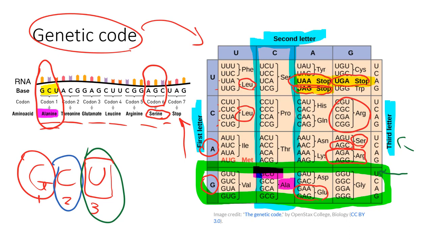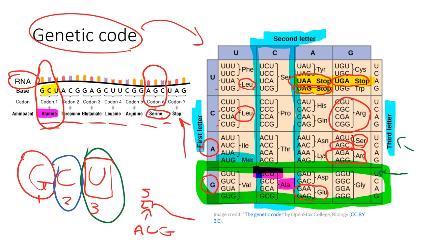So if it meets UAG, UAA, or UGA, then in that case, the ribosome will stop moving along on the mRNA. There is another very important and special codon as well, and that is the AUG right here. This AUG codon codes for methionine, and we don't have an example here in our RNA, but the start of any mRNA, so the first codon to be read by the ribosome, the start codon, is always AUG.